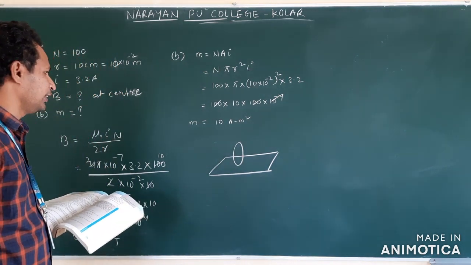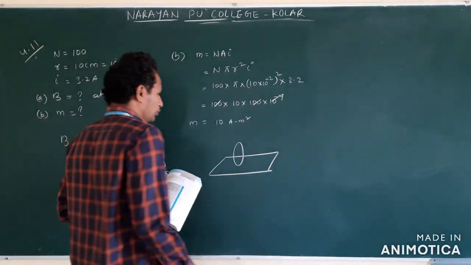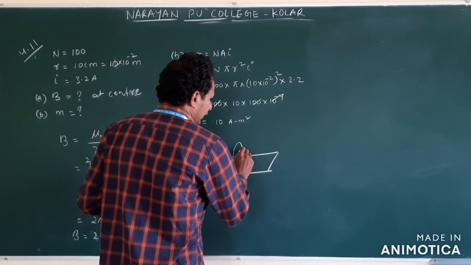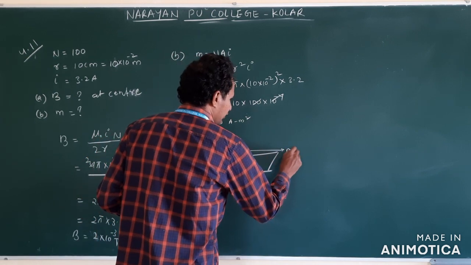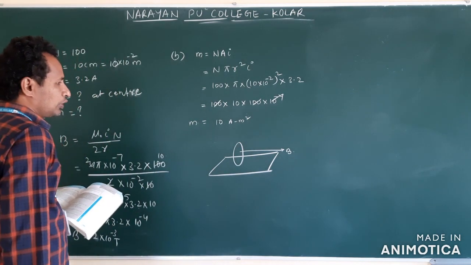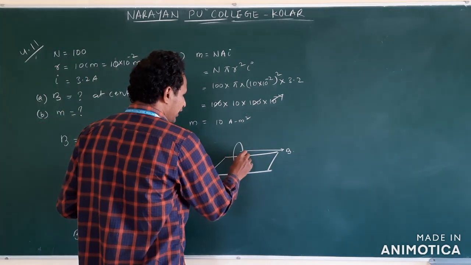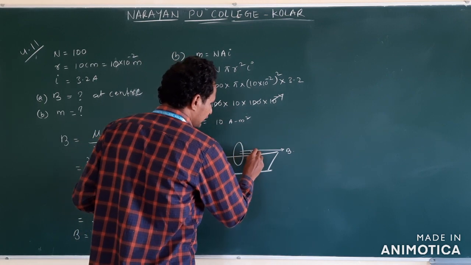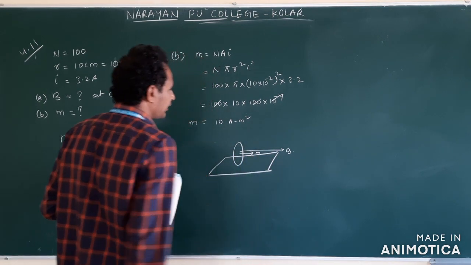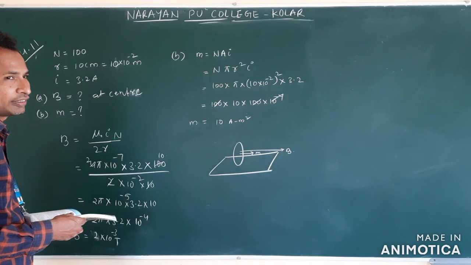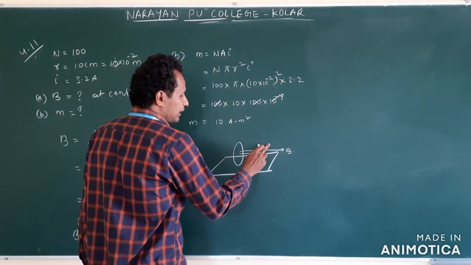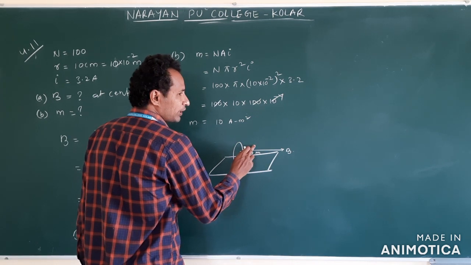Clear? Now the magnetic field is acting along this direction. This is B. The magnetic moment of this ring also acts in this direction. This is M.